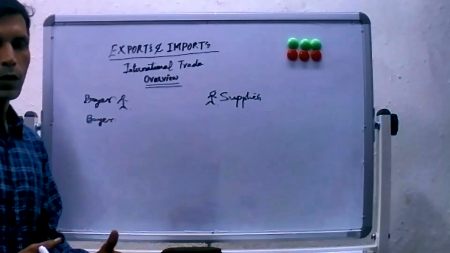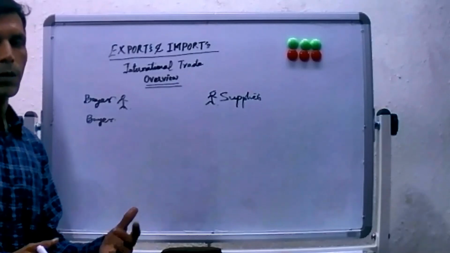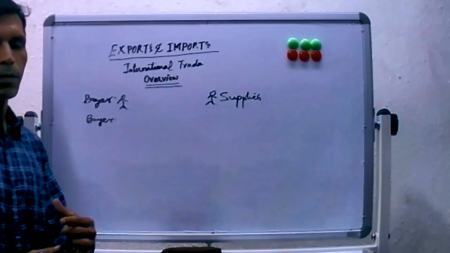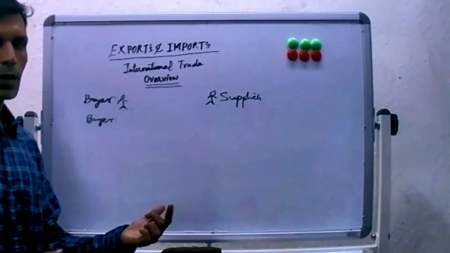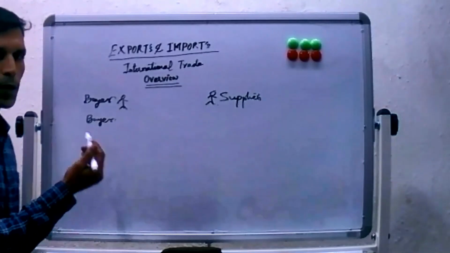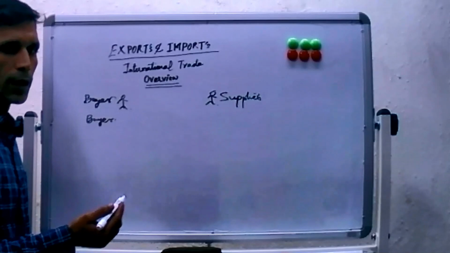Once the draft is accepted by the buyer, with the supplier's signature on it, the buyer makes the letter of credit from the buyer's bank. That is called the issuing bank.